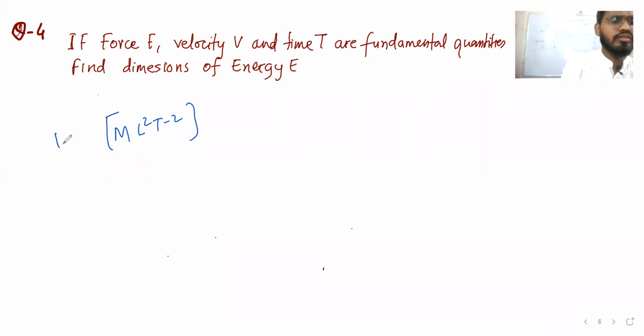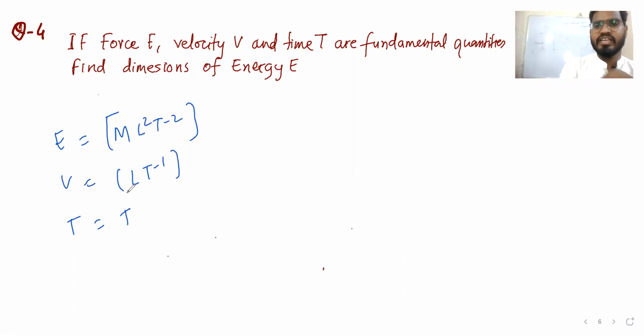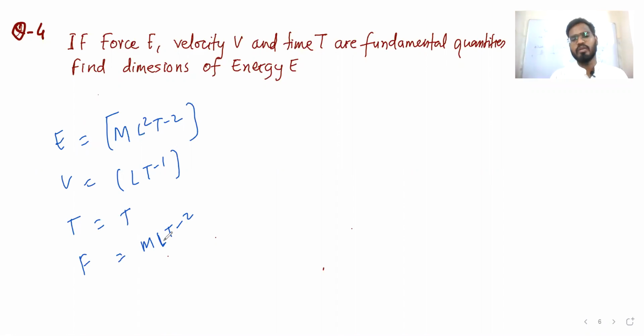So actually energy, just I'm writing first. Energy we got, this is the dimensional formula, and then velocity we know, velocity is lt minus 1, and then time is what? T, right? Anything else? Force, right? Force is mlt minus 2, right? Mass into acceleration, acceleration is lt minus 2.